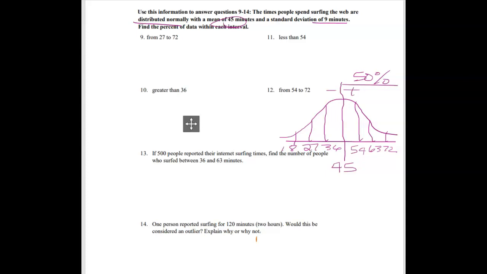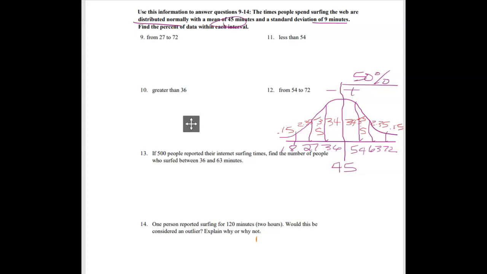From the video, you are supposed to memorize that the percents will always be 34 right here, 13.5, 2.35, and then if you add all of these up, it adds up to 99.7, which means you're left with 0.3. Divide that by 2, and you're left with 0.15. So then these numbers will correspond, and you'll just add up what they want.